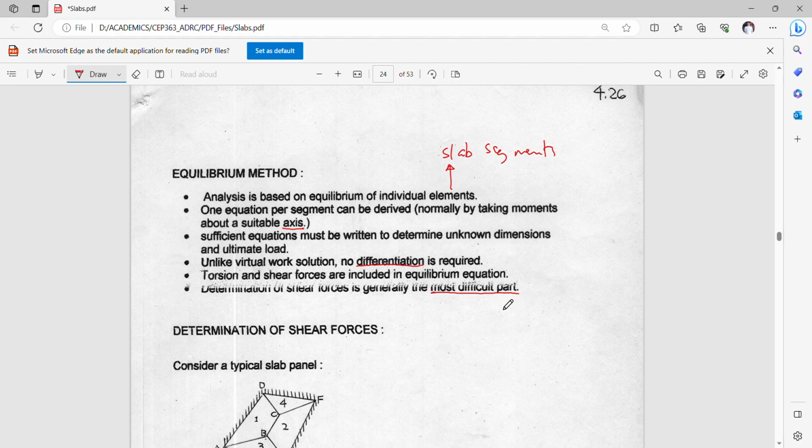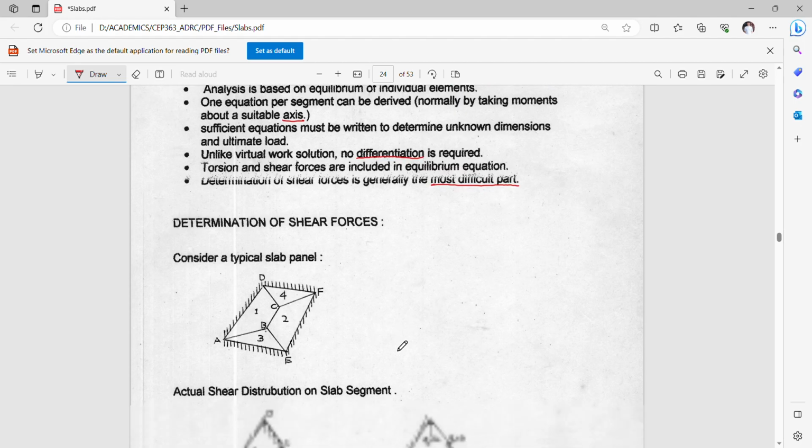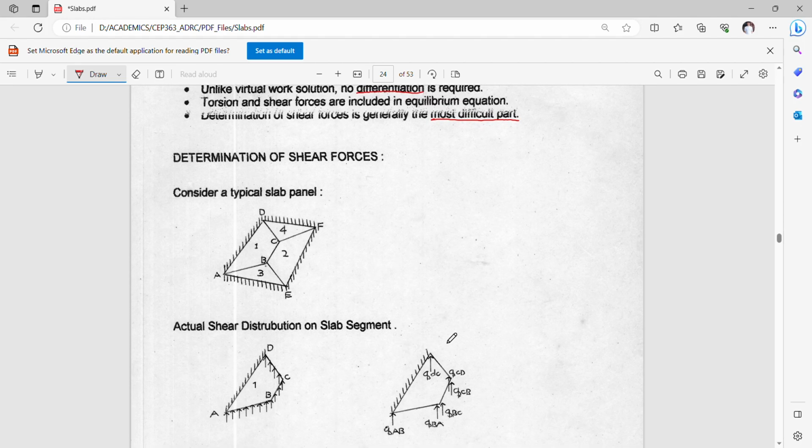So we have to understand now how these shear forces are determined by considering a typical rectangular slab panel, which is modeled in terms of its nodal description and its element description.